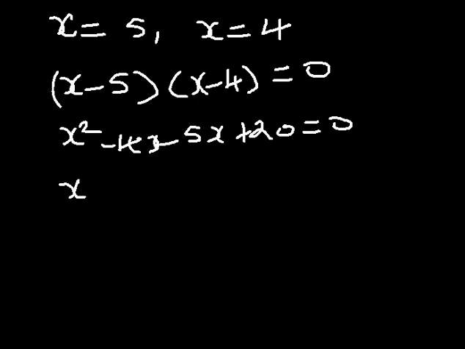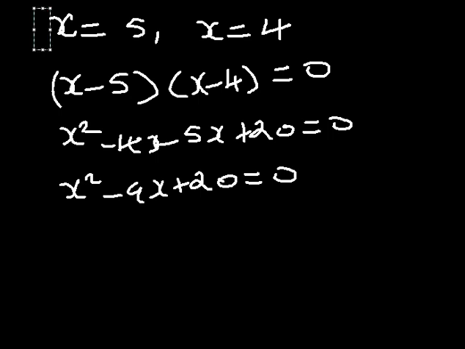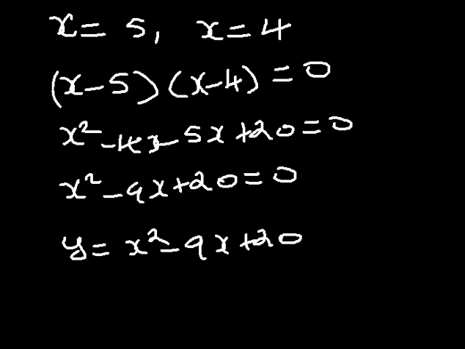So now we have x squared minus 9x plus 20 equal to 0. Now since we are interested in a function, we'll have y is equal to x squared minus 9x plus 20 in that way.